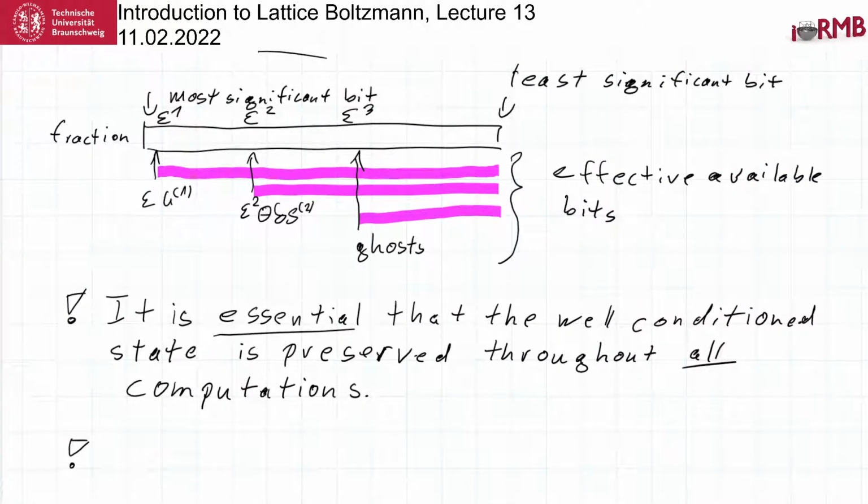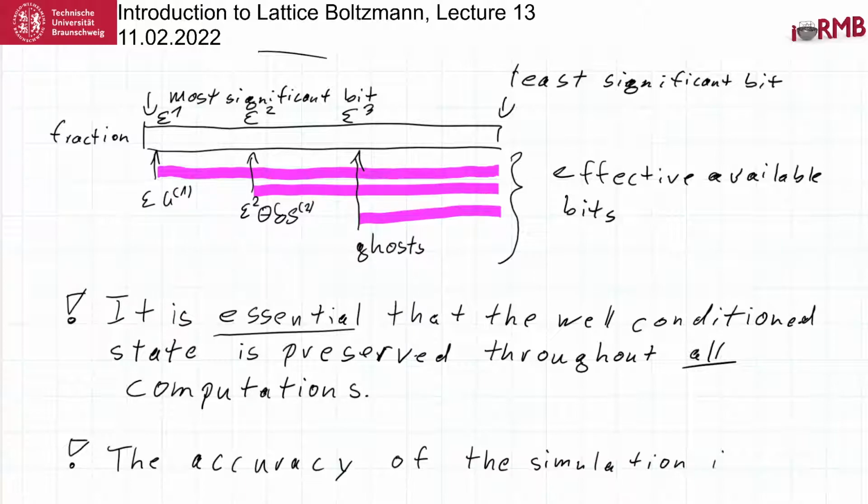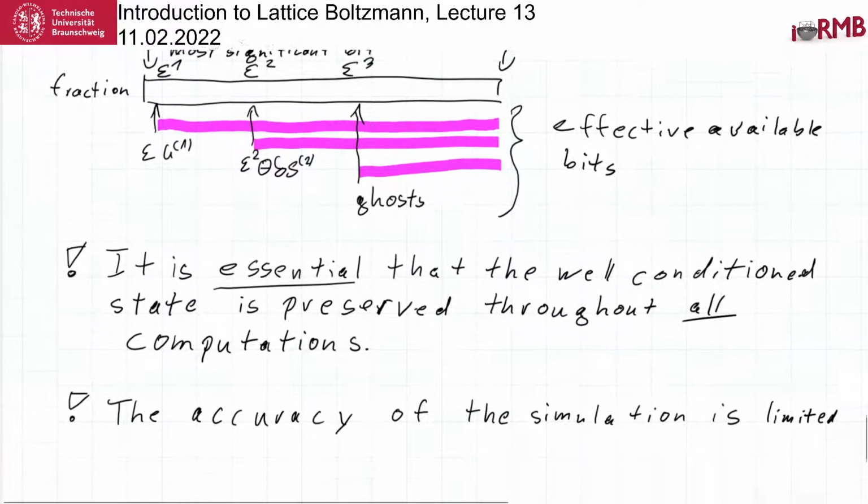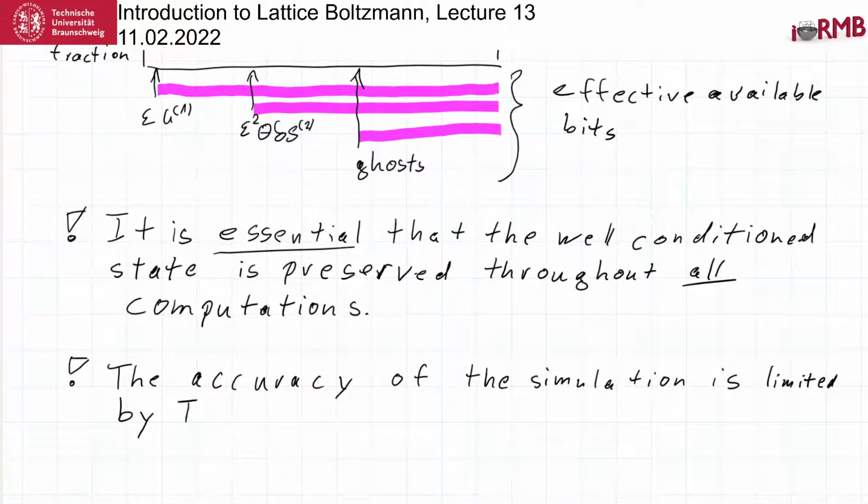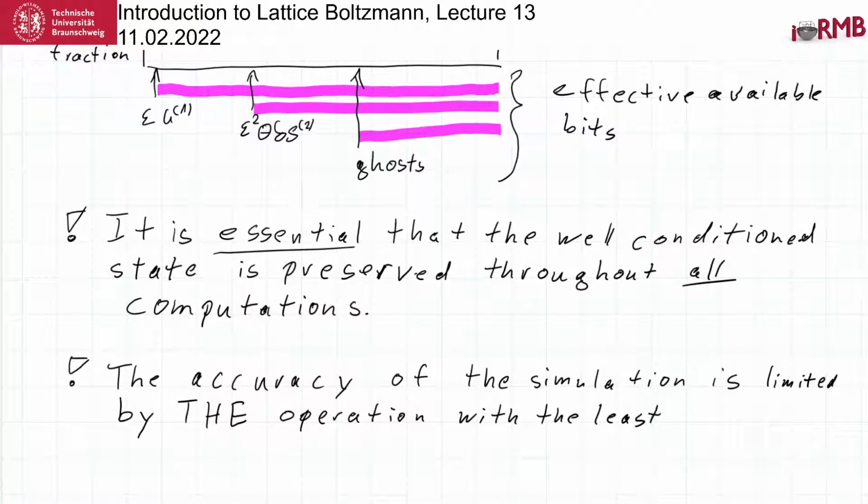Because what you have to keep in mind is that the accuracy of your explicit methods, or the accuracy of the simulation in the end, is limited and governed by the operation with the least accuracy.